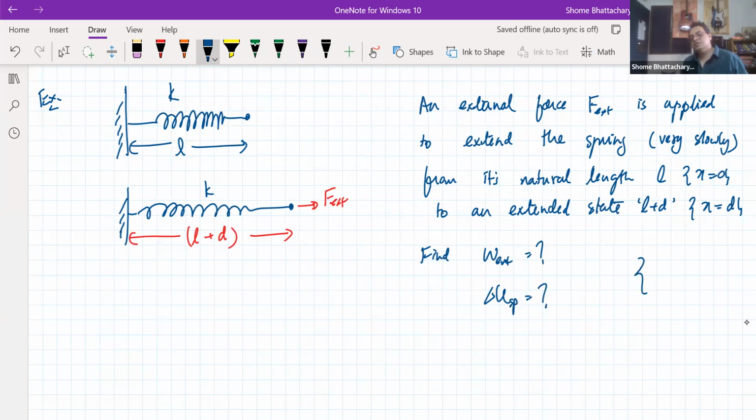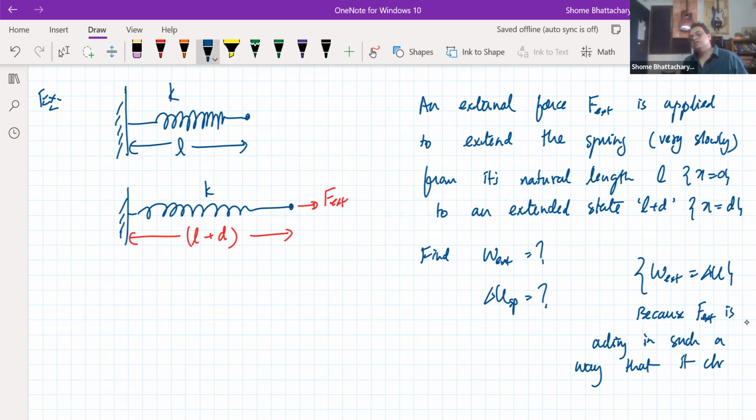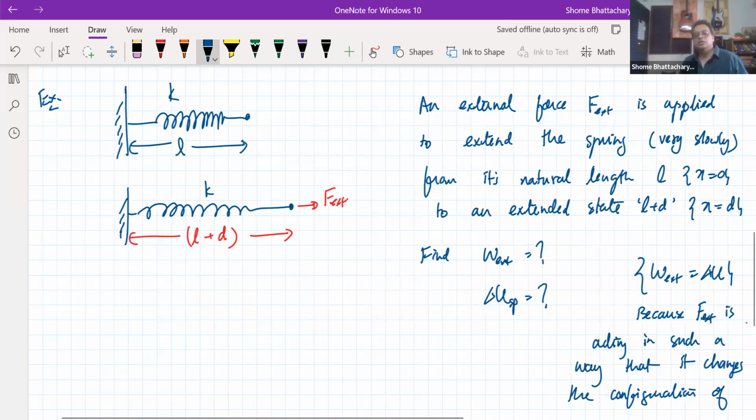So realize actually here, the work done by the external agent is equal to the change in potential energy, because F external is acting in such a way that it changes the configuration of the spring only.